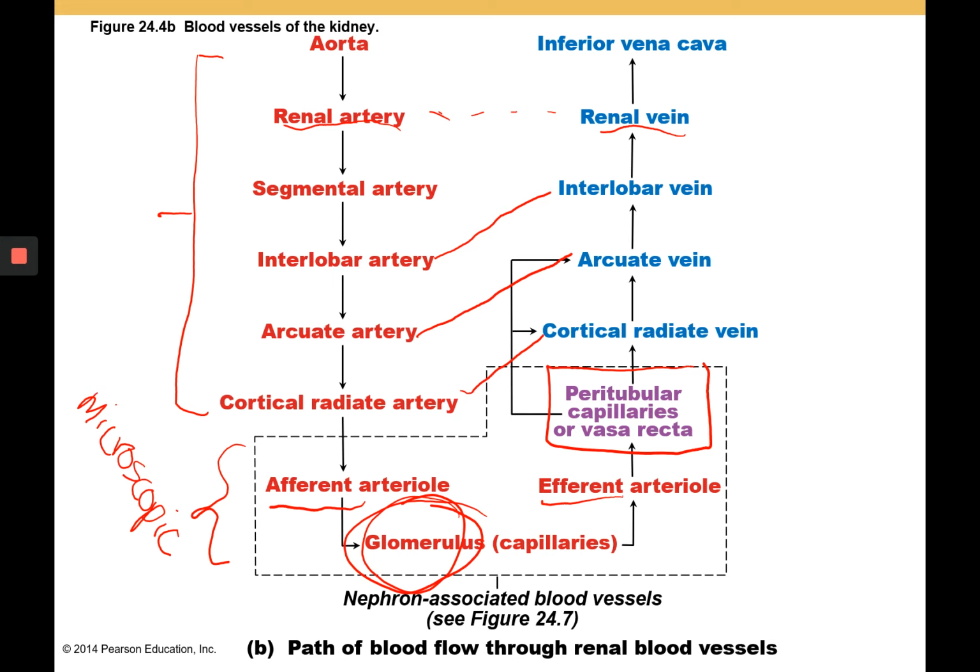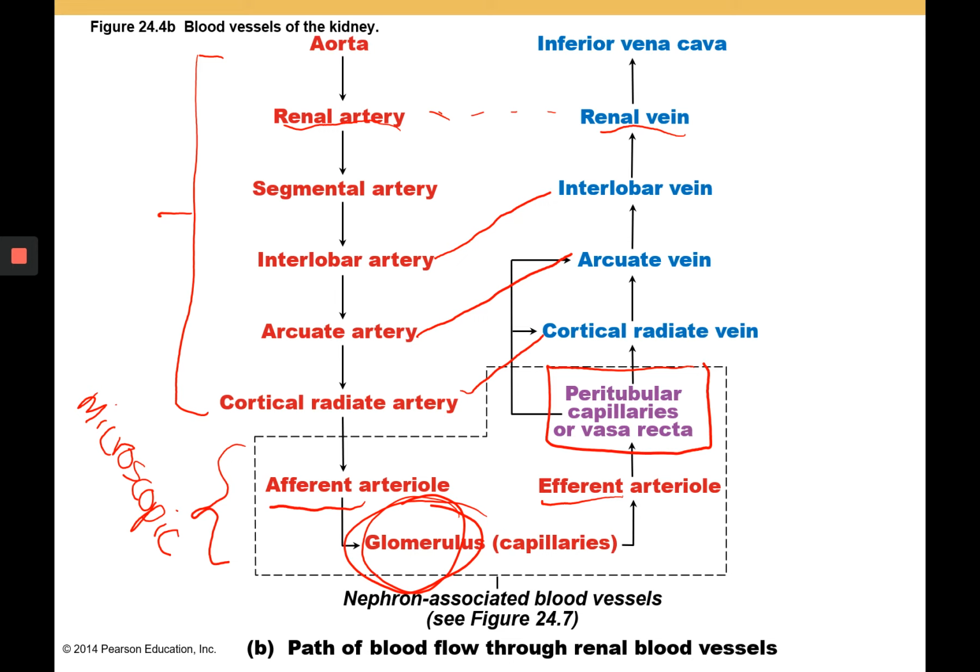Then we move into the afferent arteriole, glomerulus, then the efferent arteriole, then peritubular capillaries or vasa recta, then cortical radiate vein, also known as the interlobular vein, then arcuate vein, then interlobar vein, finally renal vein, then inferior vena cava.